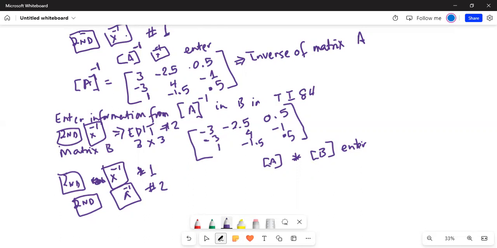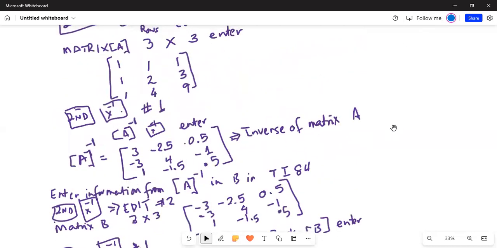Second x minus 1, edit matrix A. So matrix A, the original matrix, is 1, 1, 1, 1, 2, 3, 1, 4, 9.